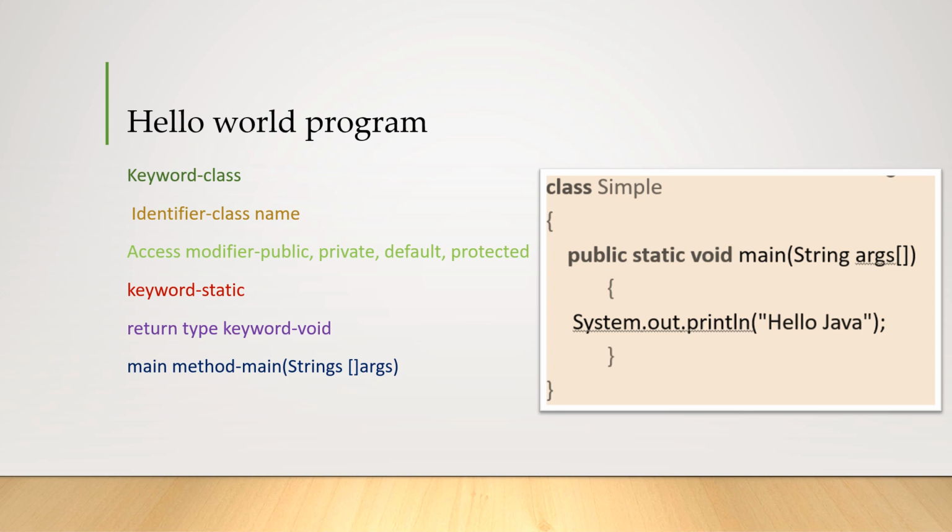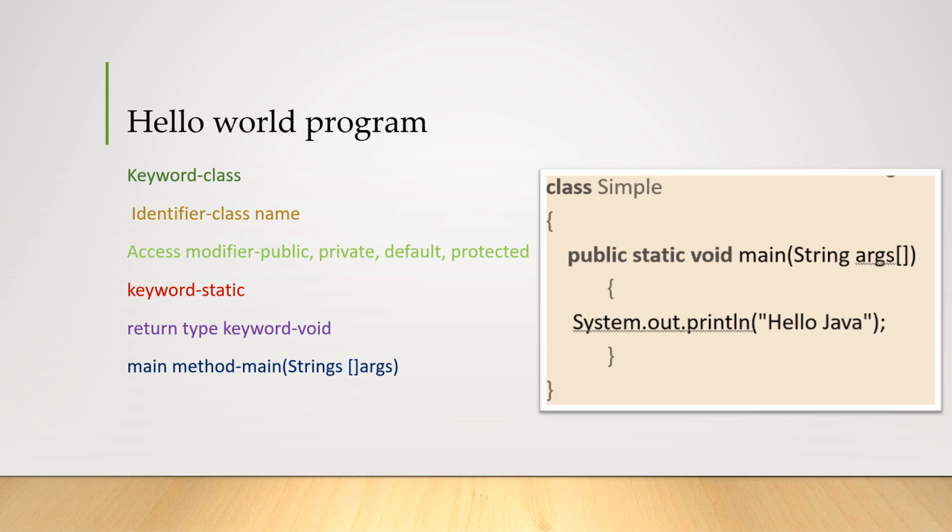Public is an access modifier. Wherever the method is called from, a class or anything, this is the main method. Public can be accessed everywhere, so that's why we are giving public.